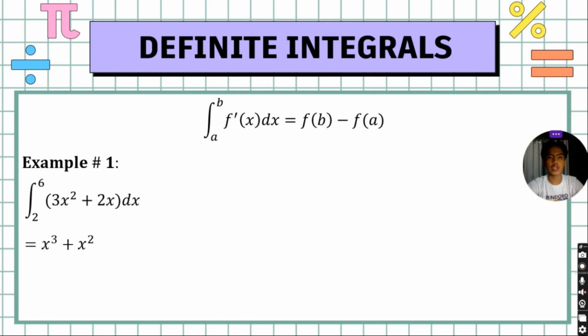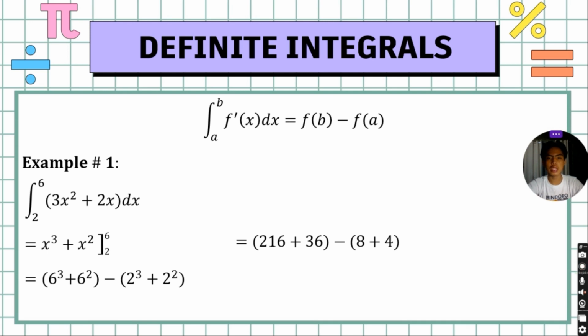First thing to do is to integrate the function. The integral of 3x squared plus 2x dx is x cubed plus x squared. Then, substitute 2 and 6 to the x by still following the formula above. So it will become the quantity of 6 cubed plus 6 squared minus the quantity of 2 cubed plus 2 squared.